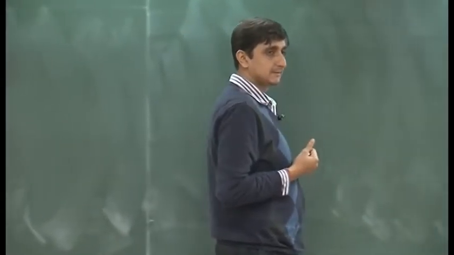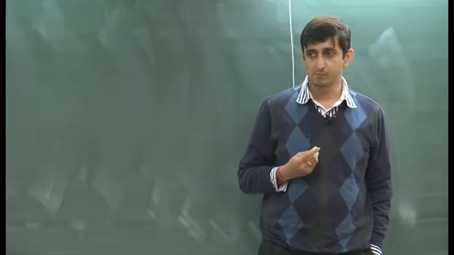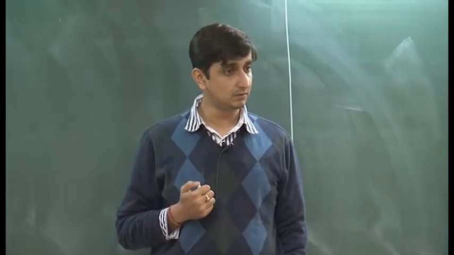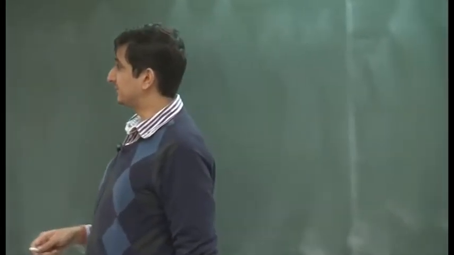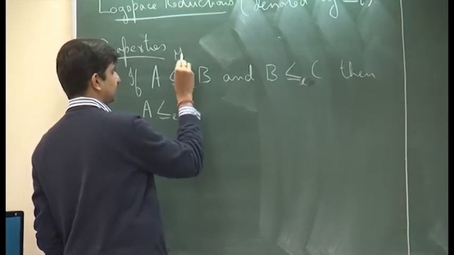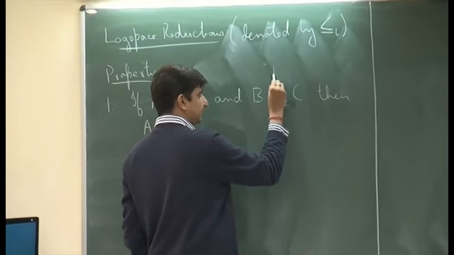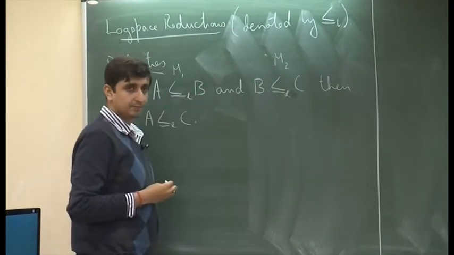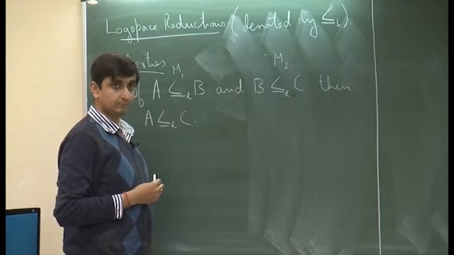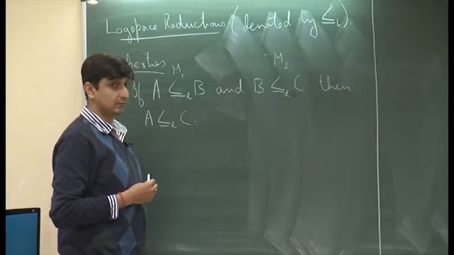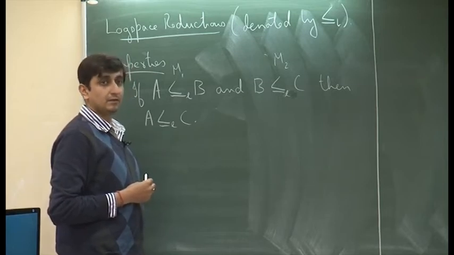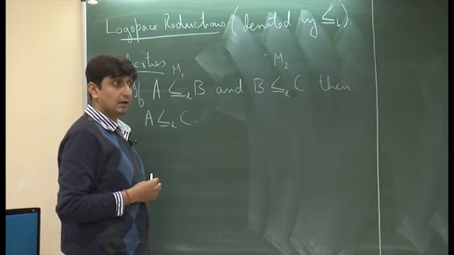So, how do we prove this? Suppose you have a Turing machine for this reduction, let us say M1, and you have a Turing machine for this one, M2.